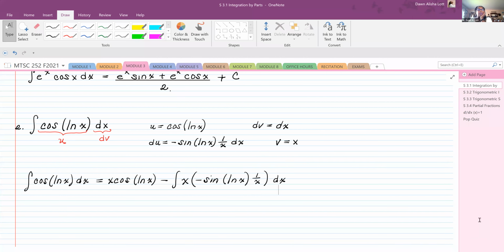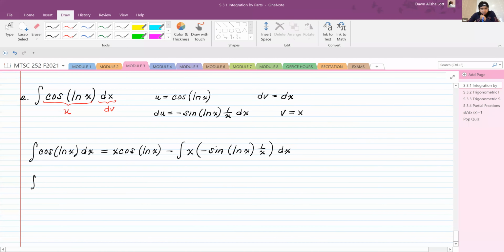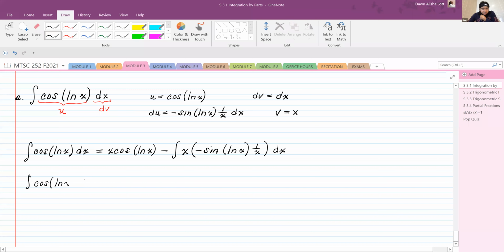I would say the x and the 1 over x inside the integral would cancel out, just leaving you with the integral of negative sine of ln x. Okay, so I get x cosine of the natural log of x. And then what happens to the minus negative? Minus negative becomes a plus.